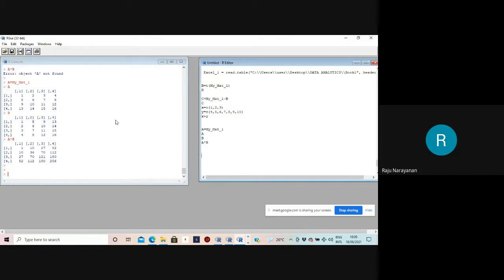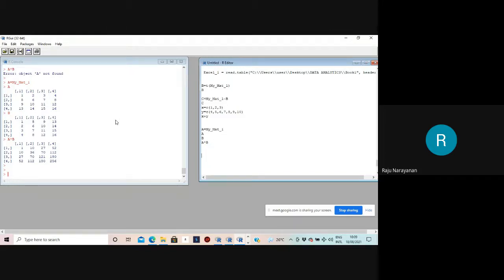What is happening? You see, 1 into 1, 1, 2 into 5, 10, 3 into 9, 27, 4 into 13, 52. This is not a matrix multiplication. In matrix multiplication, the 1, 1 element of the product comes from the first row and first column, and the 1, 2 element from the first row of the first matrix and the second column of the second matrix, like that.